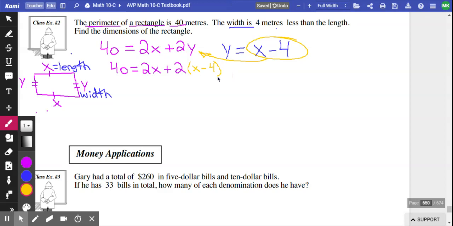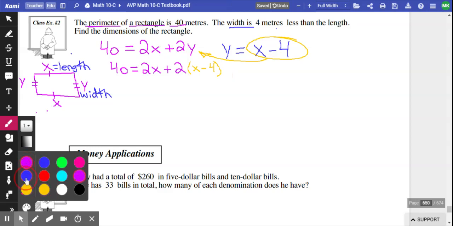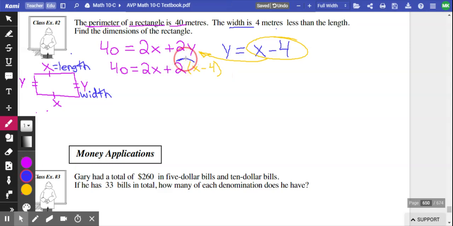The brackets help you remind yourself, that's a package, it's together. I substitute this whole thing in, and that means I need to multiply if there's any sort of multiplication here, in which case there definitely is. The first step after substituting is expanding.